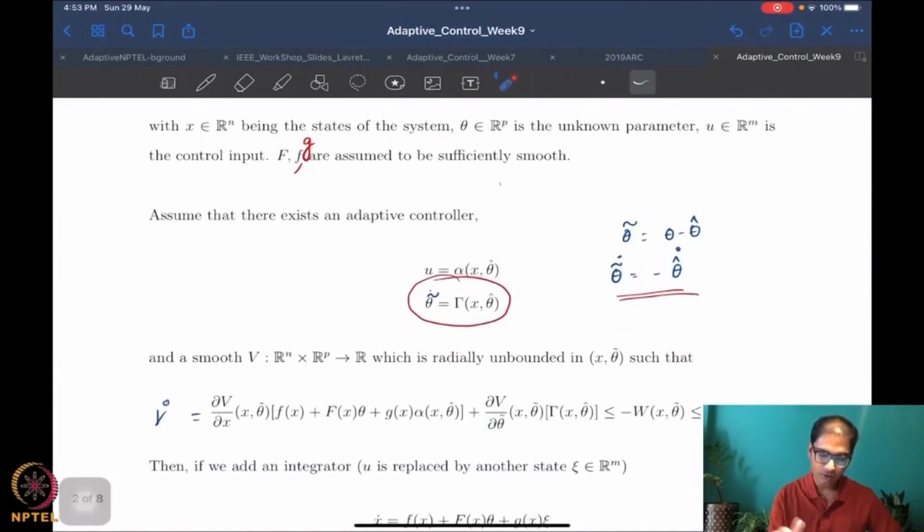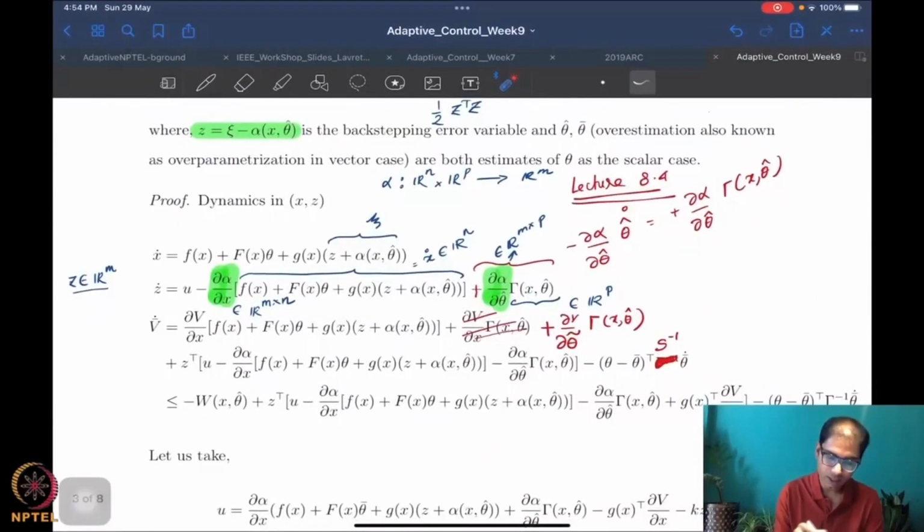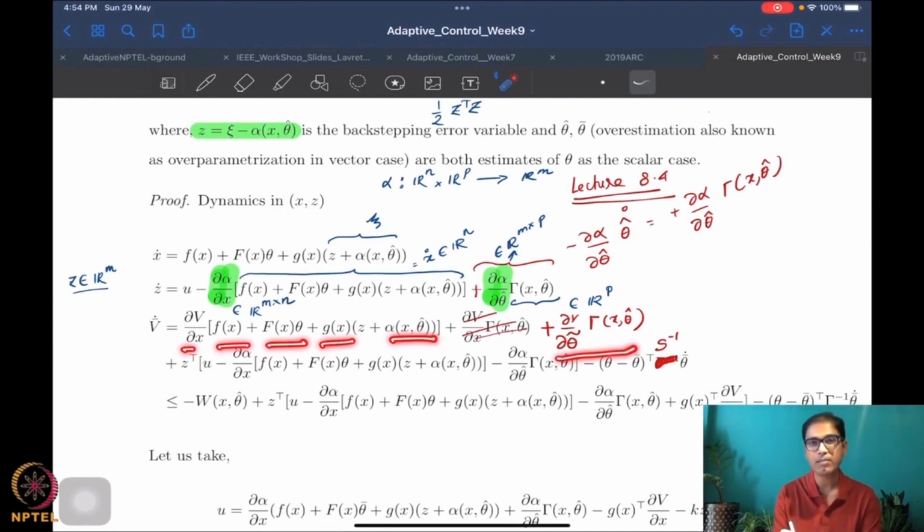Okay, so if you look at this expression, this guy is actually available here, right? There is del v del x fx plus cap fx theta plus gx alpha plus del v del theta tilde gamma, right? So this entire thing is available, and so this entire thing can be written as minus w, right?